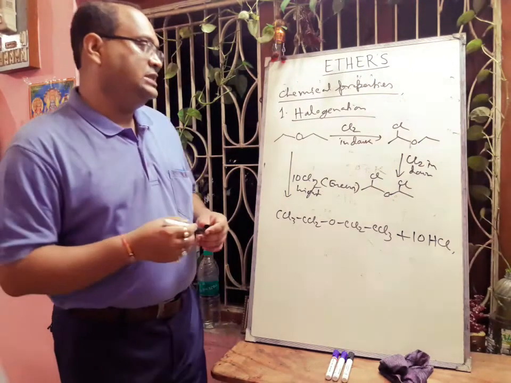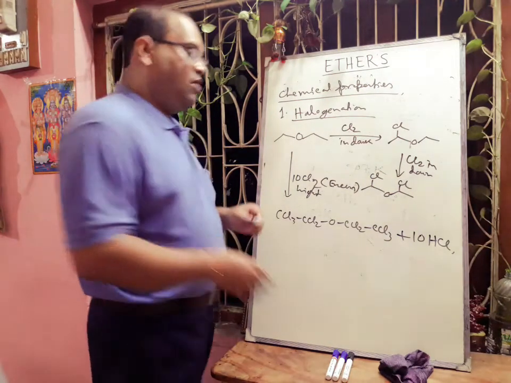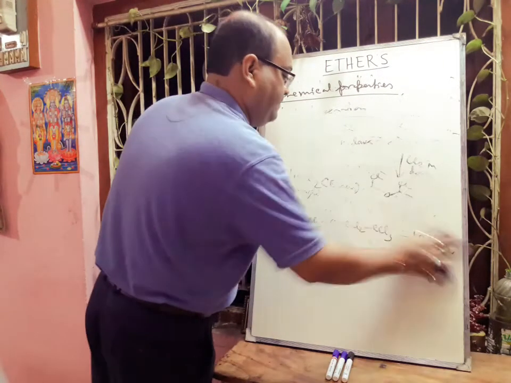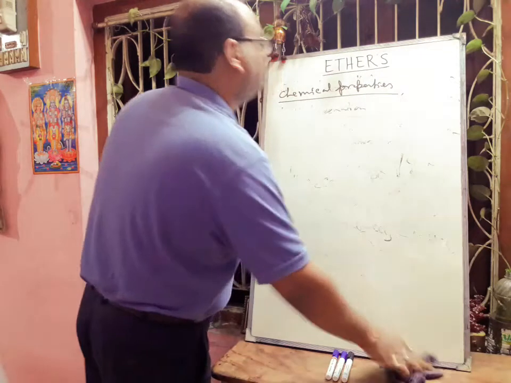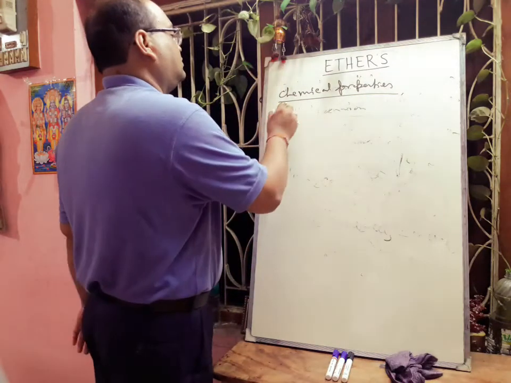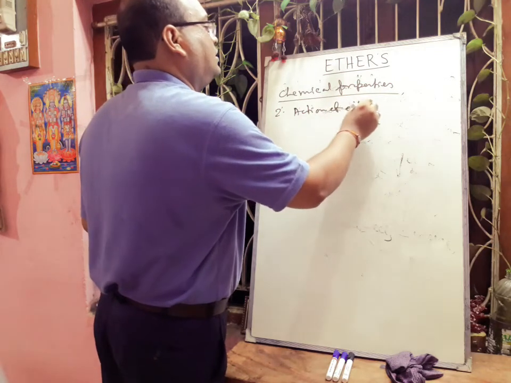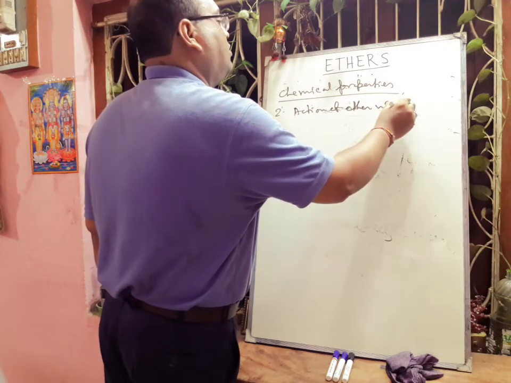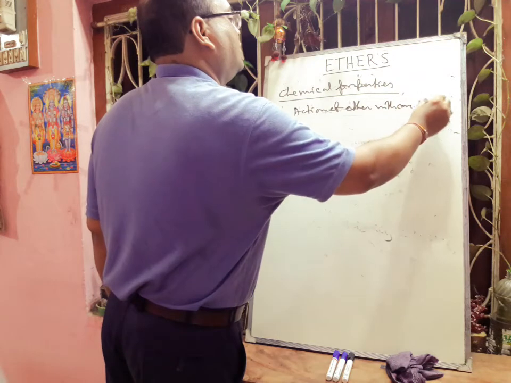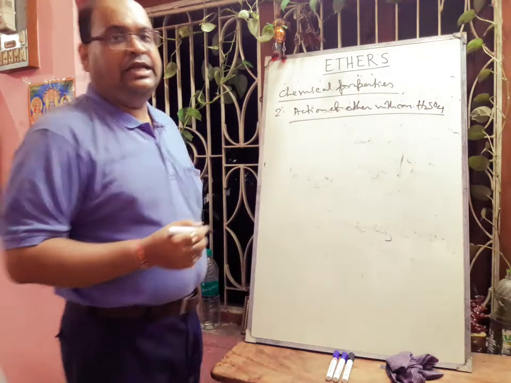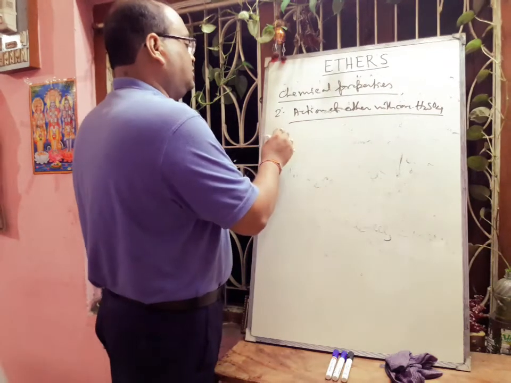Next we will discuss the action of ether with concentrated sulfuric acid. Action of ether with concentrated H2SO4. So if we take concentrated sulfuric acid, then there will be protonation of the oxygen.